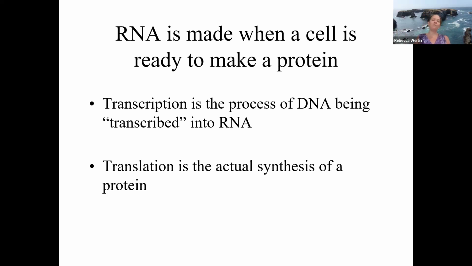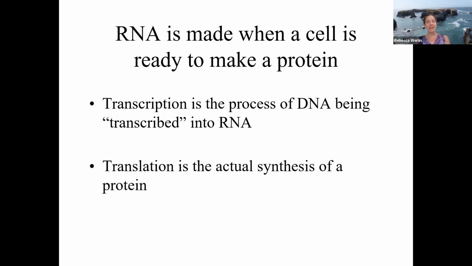So RNA is only made when a cell is ready to have that gene function. That's why I have eyes and a nose and fingers and a liver. My eye cells have all the genes needed to be a liver cell, but it's only expressing eye cells. It's only expressing the genes needed to make a functional eye. My liver, on the other hand, is usually not expressing all the genes needed to make a rod or a cone, because it's a liver cell.